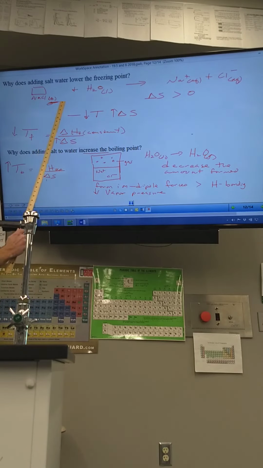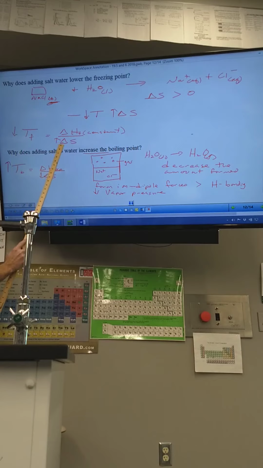Well, one of the things we talked about last week was if you add a solute, a solution has more entropy than a pure liquid. And if the entropy increases, then the temperature at which equilibrium occurs, the freezing point, will go down.